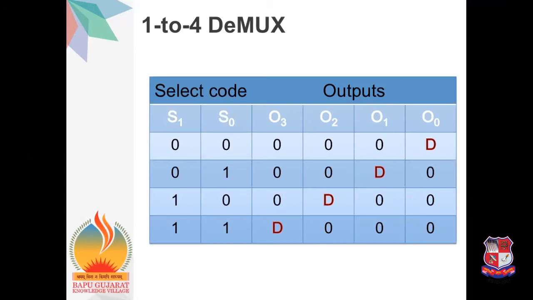Whenever S1 is 0 and S0 is 1, output O1 is activated and it gives the output D. Whenever S1 is high and S0 is low, output O2 is activated and it gives the output D. Whenever both are high, output O3 is activated and it gives the output D. So this is the function table for the 1 to 4 demux.